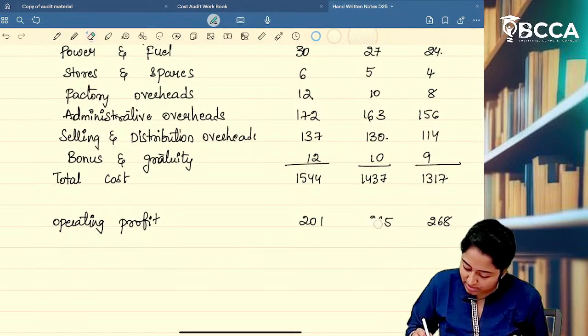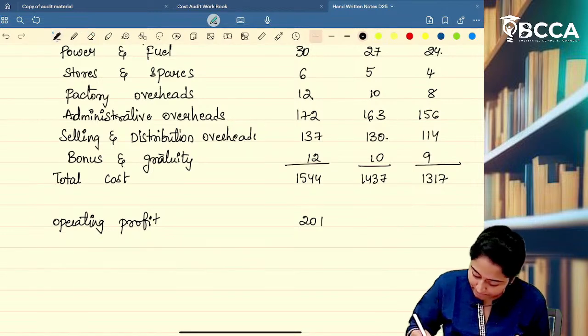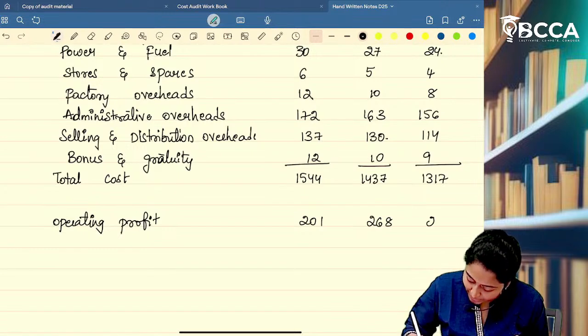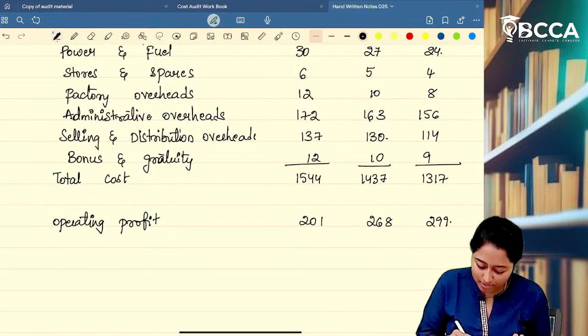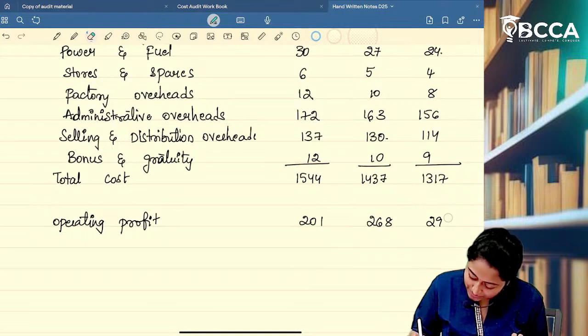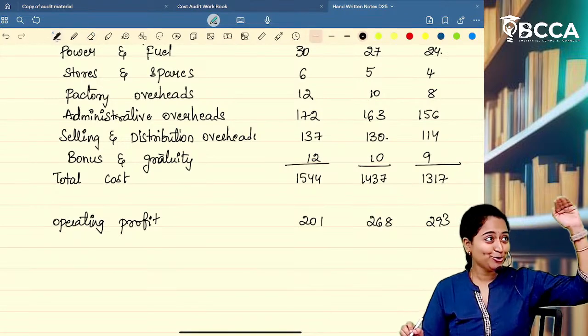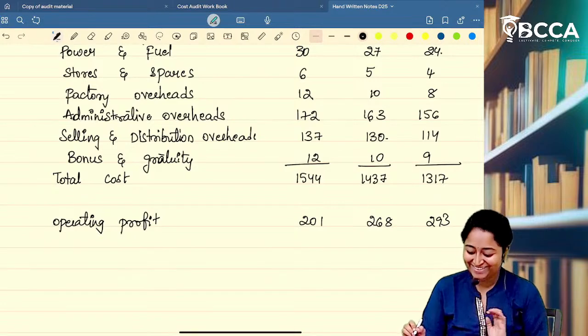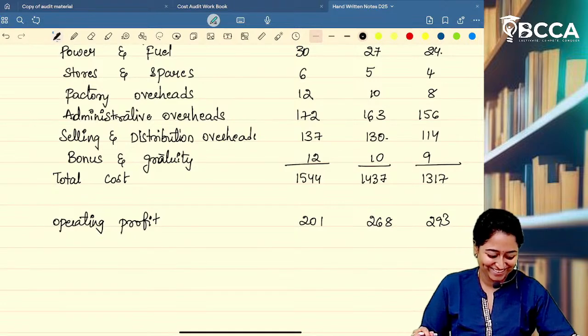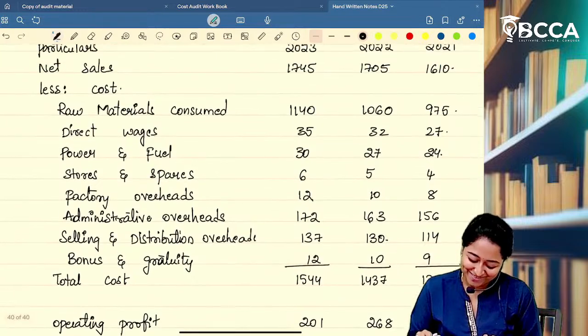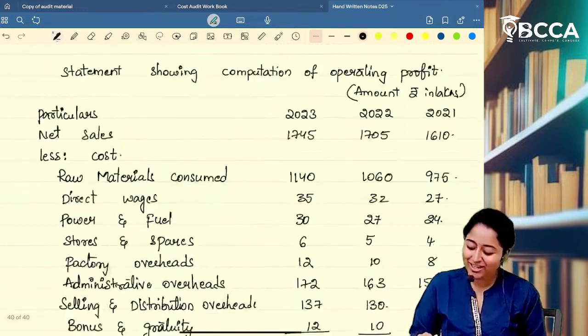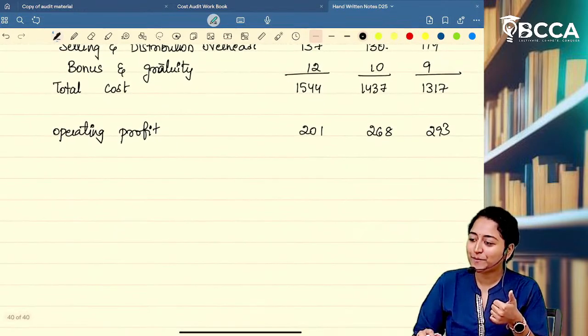So this is 268, 299. Your pitch is starting from here and coming. 293. Okay, done with calculation of operating profit.